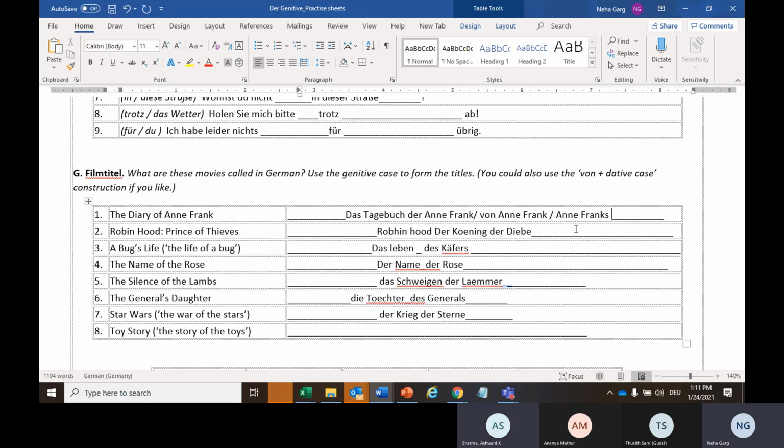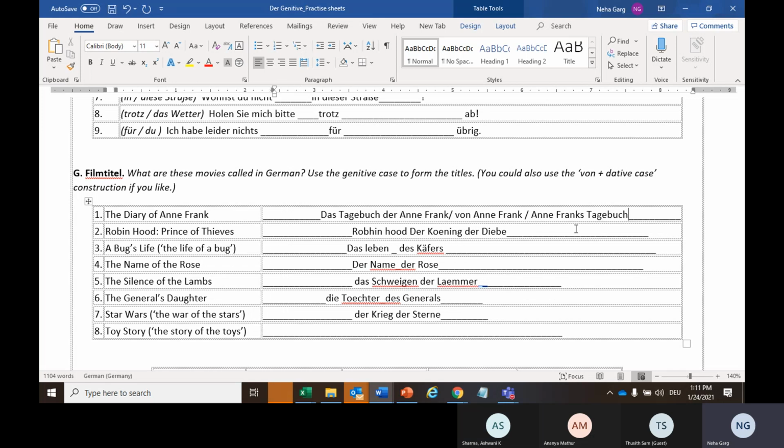Without apostrophe, S and Frank's Tagebuch. So either you can write it this way or with von or with S. No apostrophe, just S. Anne Franks Tagebuch.